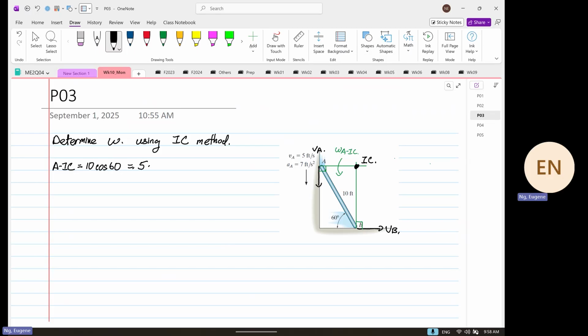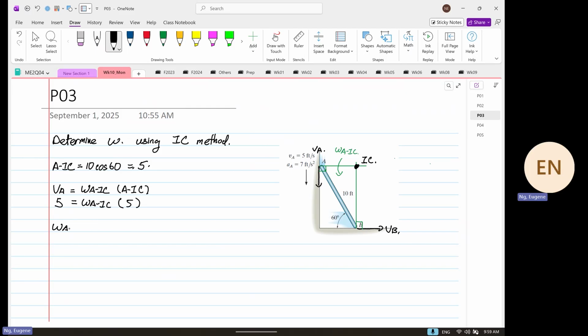So if we write down V_A equals omega_AIC multiplied by the distance AIC, V_A is equal to 5, omega_AIC, and this is also at 5.